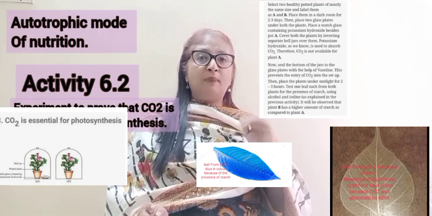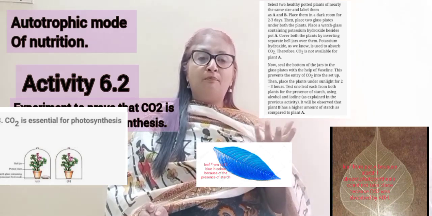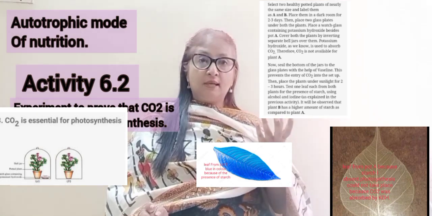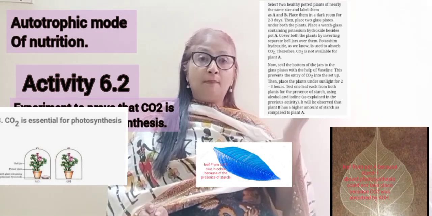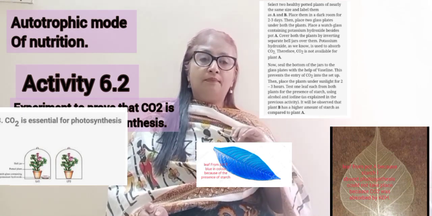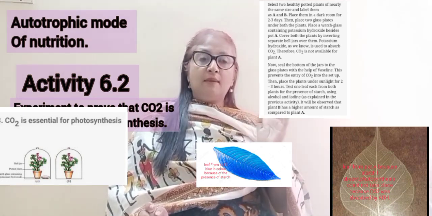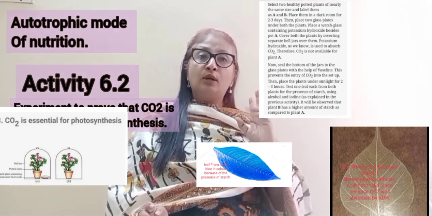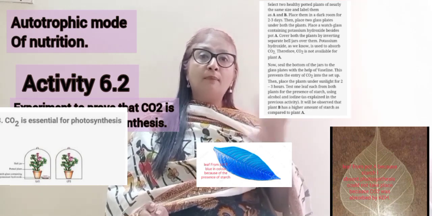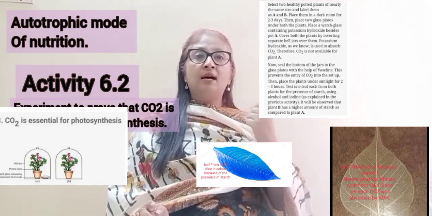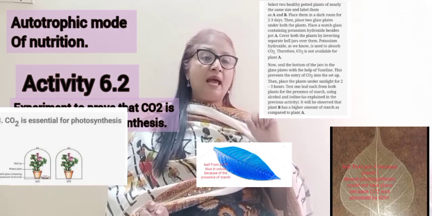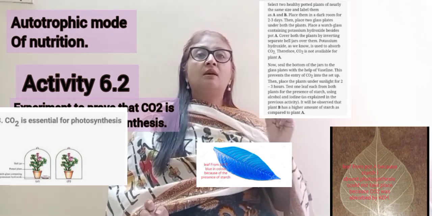Now on the glass plate of pot A, we have to place a petri dish containing potassium hydroxide, and on the glass plate of pot B, we will not place this chemical. After placing the chemical, we need to take 2 glass bell jars, place them over both the pots, and seal the space between the bell jar and the glass plates with Vaseline.